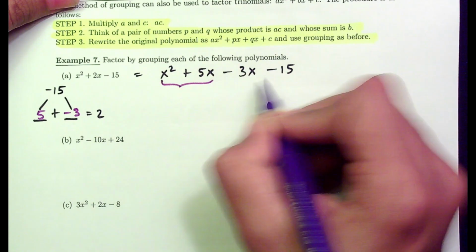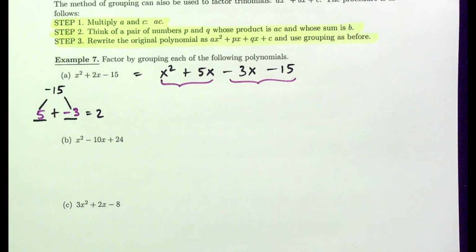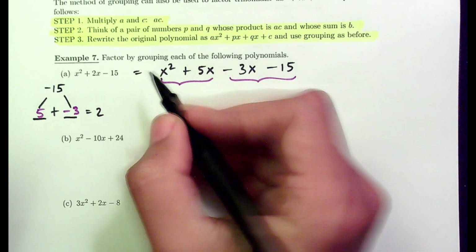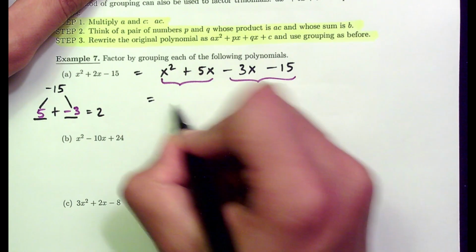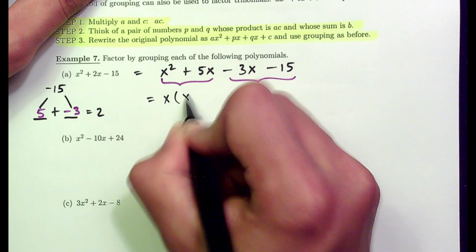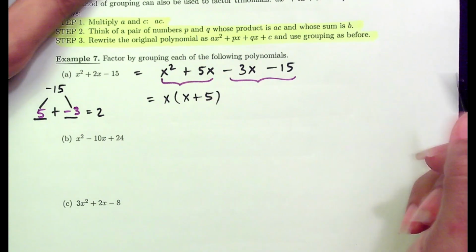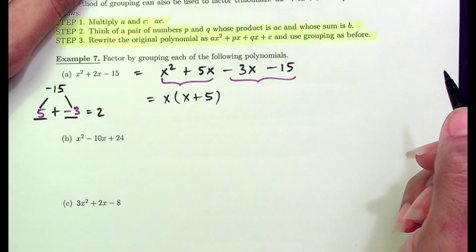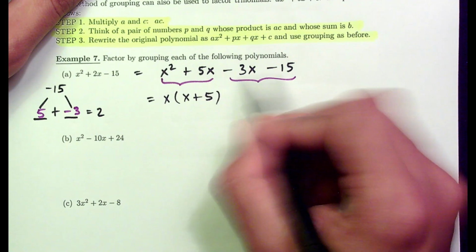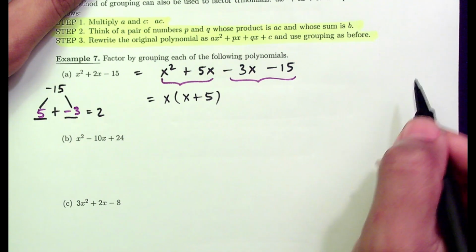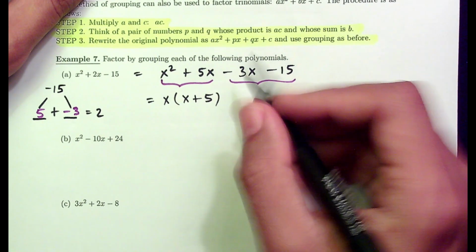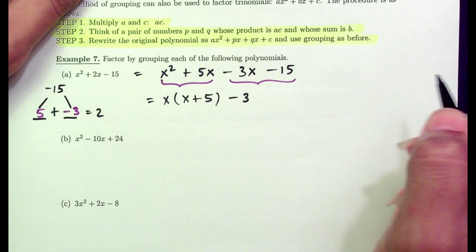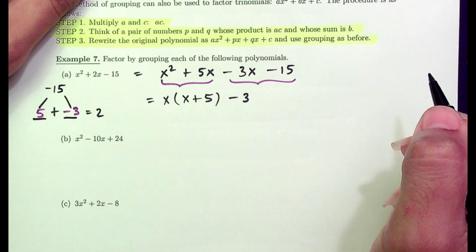So you take the first two and the next two. All right, factor out the GCF from the first two terms. That's just an x. You have x plus 5. And then factor what is the GCF from the last two. They have in common a 3, and you normally pull out the negative with you, so minus 3. 3 goes into both of them.